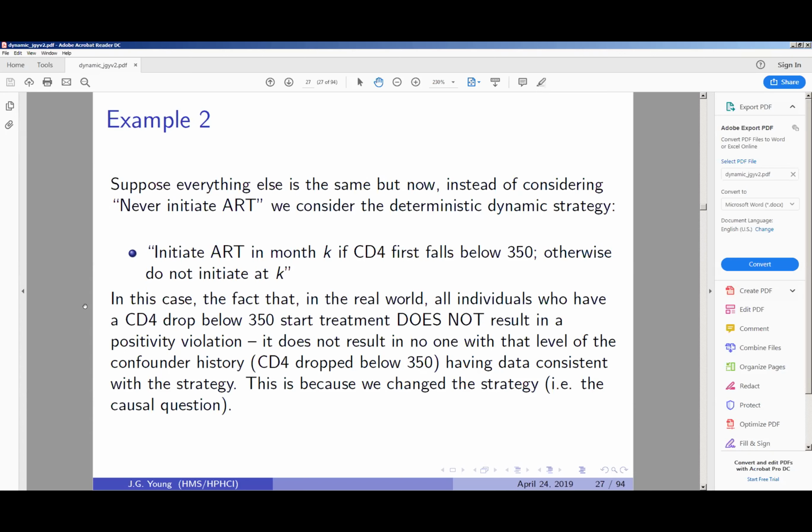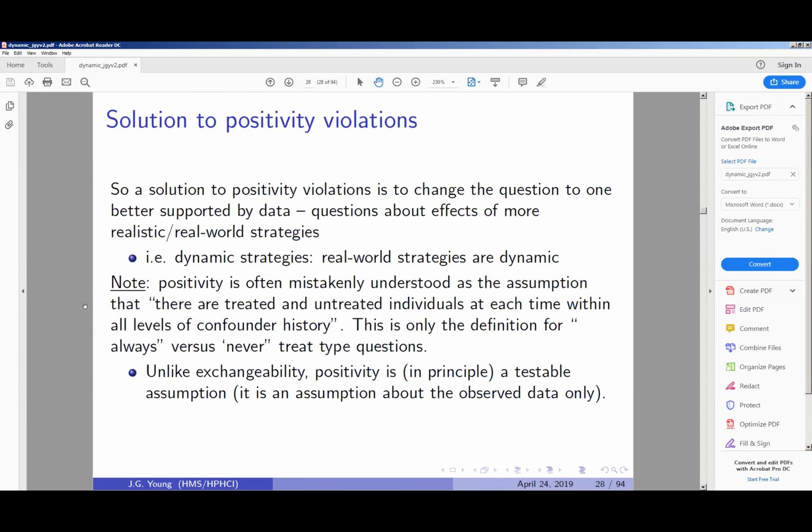In this case, the fact that in the observed world, individuals who drop below 350 always start does not result in a positivity violation, because the strategy says you should start when you drop that low. So a solution to positivity violations can be to change the question to one that is better supported by the real world data.